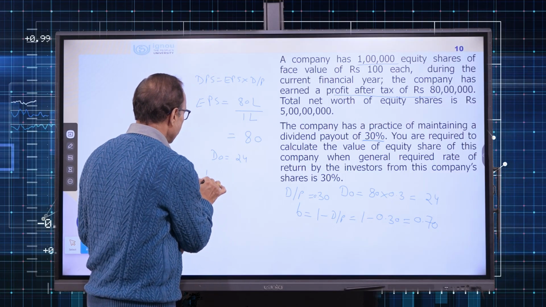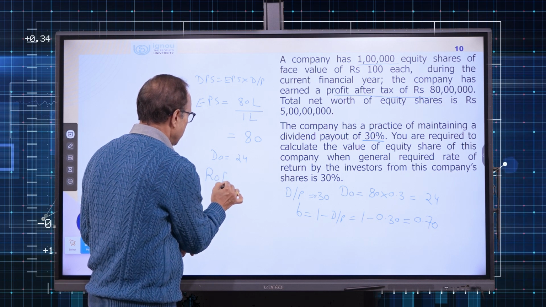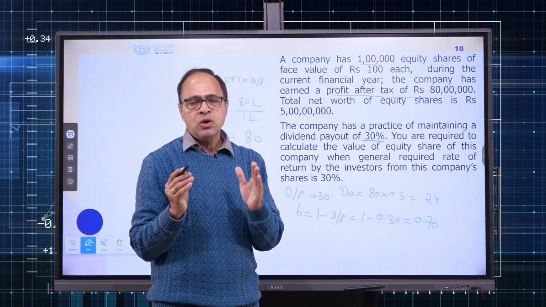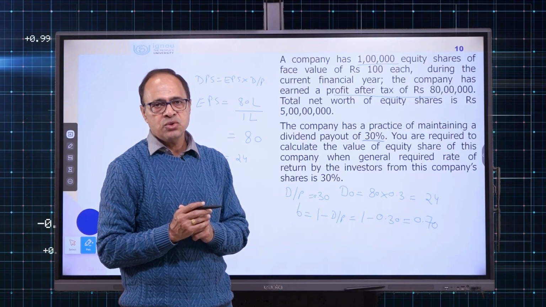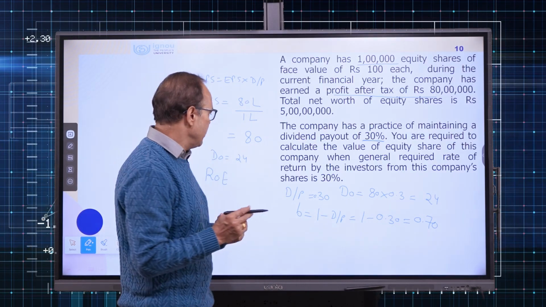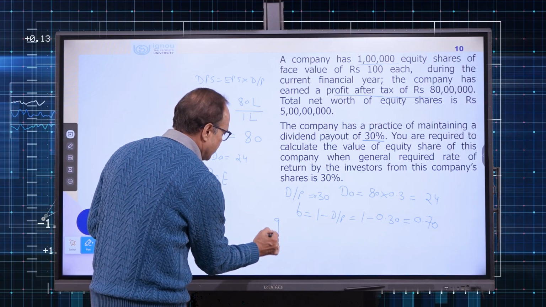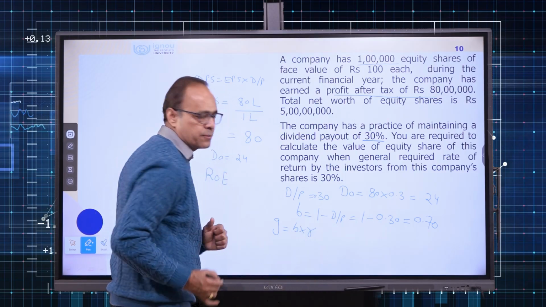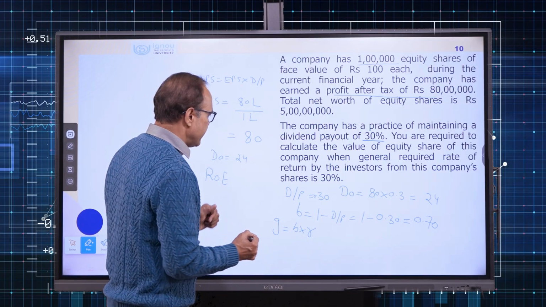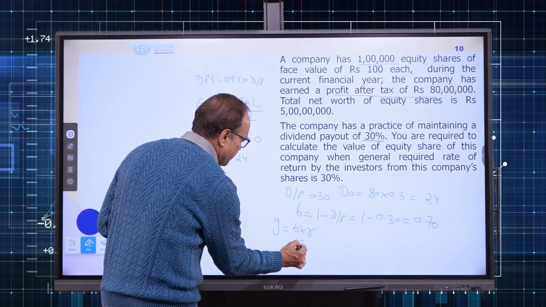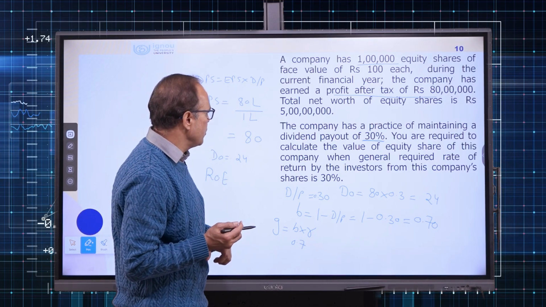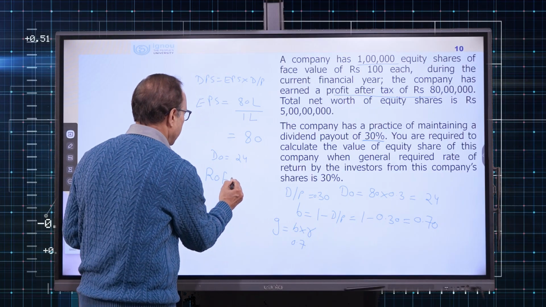Now, we can calculate ROE also, because in this case we have not been provided the data about the constant growth in dividends. So, that constant growth we have to calculate by using the formula G equals B multiplied by R. B is there with us, 0.70; R, which is ROE, we have to calculate. The ROE formula is simple.